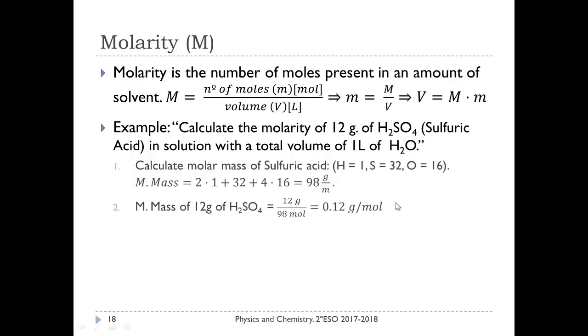That would be 12 divided by 98 moles, and it's 0.12 moles. Given this, we can calculate molarity, which is the number of moles divided by the volume of the solution. So it would be 0.12 moles divided by 1 liter. That would mean that molarity is 0.12 grams per liter, not mole. I'm confused here, sorry about that.